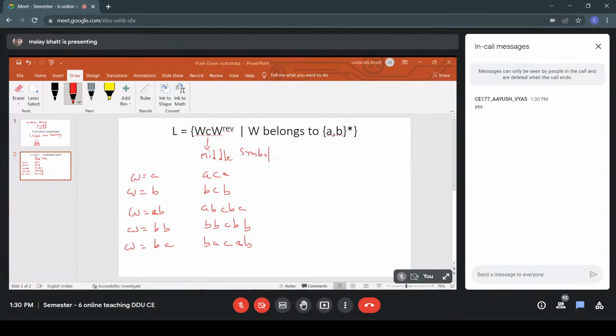As a simple example, if I want to accept this ACA, what I will do is push symbol A on the stack, so it will be like this.